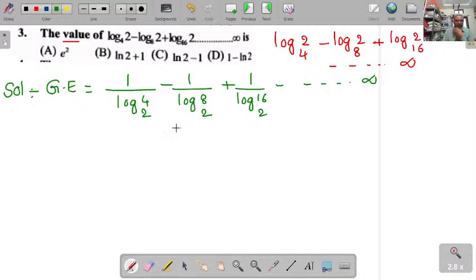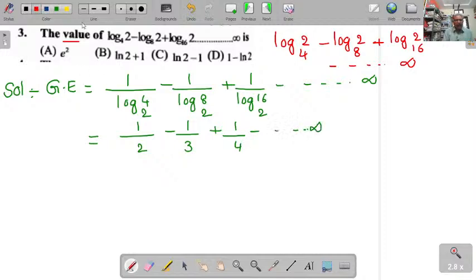Right, let us try to find out all these values. My dear students, you see, this is 2 square, so 2 into log 2 base 2, it will be 2. This is 2 cube, 2 power 4. So that directly we can write 1 upon 2 minus 1 upon 3 plus 1 upon 4 and so on, minus infinity.